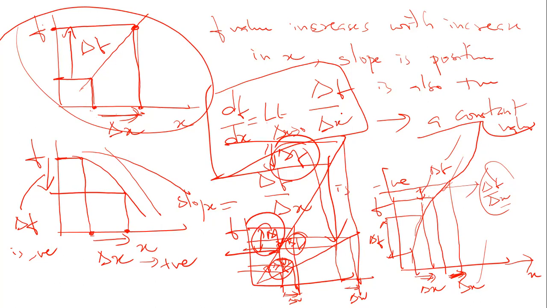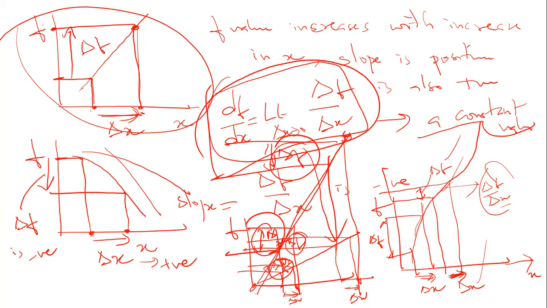But depending on the inclination of the straight line, your df upon dx value will be larger or smaller. Along this straight line, df upon dx will be constant.